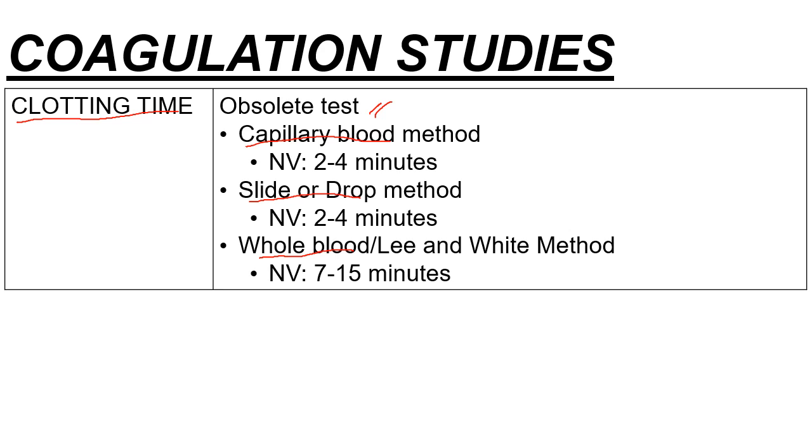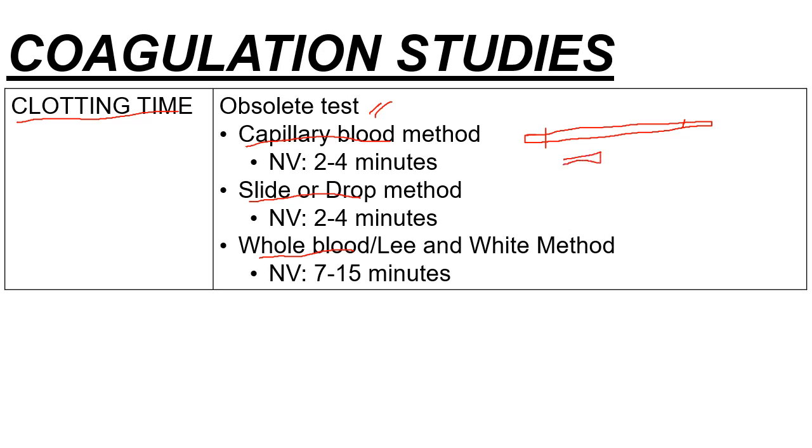So, sa capillary method, meron tayong capillary tube, okay? So, mag-aspirate ka ng blood diyan sa ating capillary tube, and every 30 seconds, binibreak mo yung capillary tube into 2 to check for clot formation.